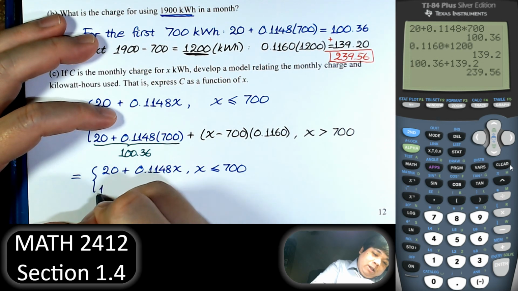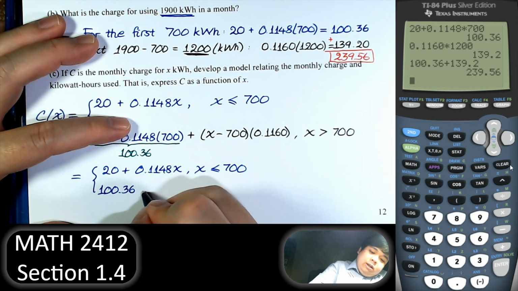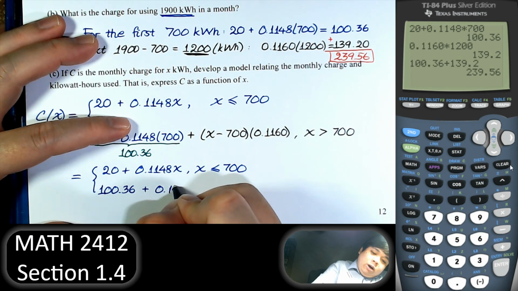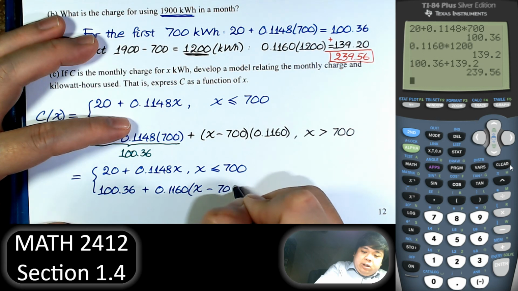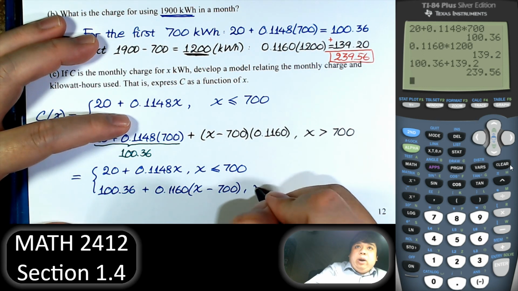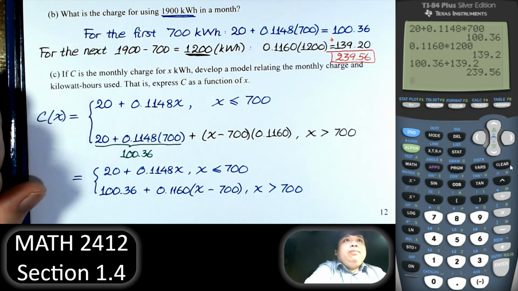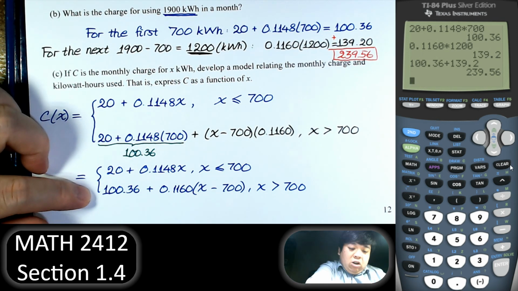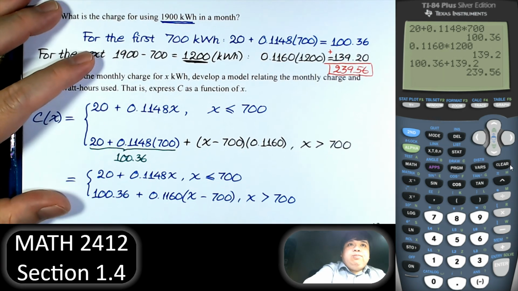And then that would be just 100.36 plus 0.1160 times (x minus 700) when x is greater than 700. Right. So that is the piecewise function to represent this model.